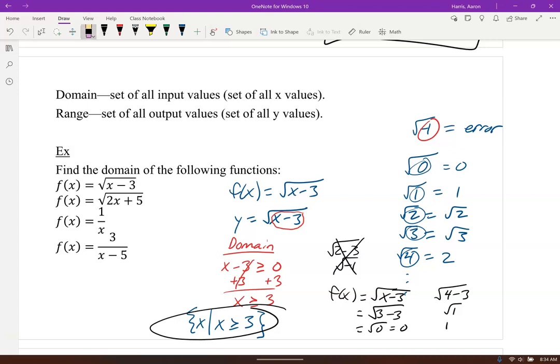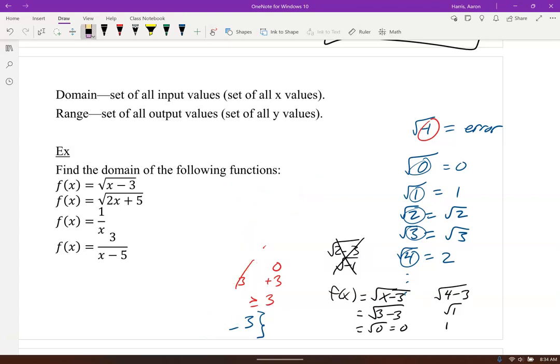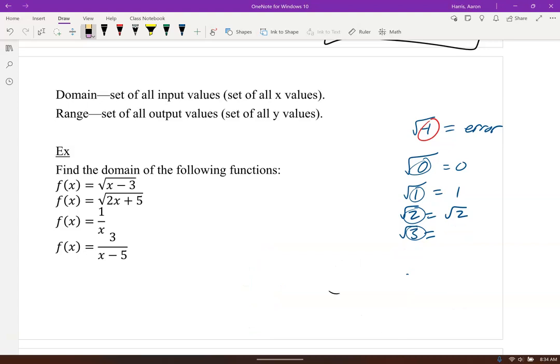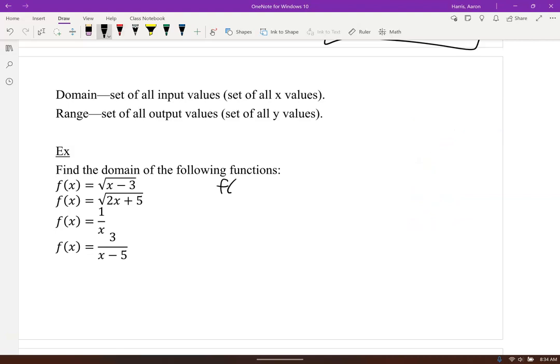Similarly, for this next one, we've got the square root of 2x plus 5. Let me erase this stuff real quick. Here's my function, the square root of 2x plus 5. Find the domain. I just say the radicand, in other words the stuff underneath the radical, has got to be greater than or equal to 0.